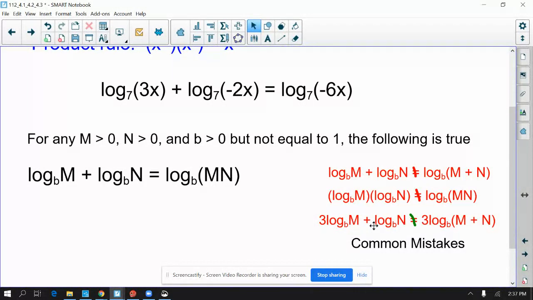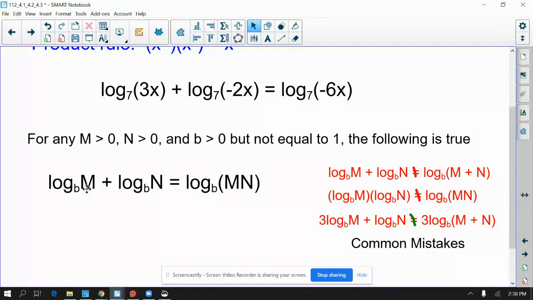And then the problem with the third one here is that this 3 out here is only influencing this first log, not the second logarithm. So you can't really combine them just yet because you've got 3 of these and only 1 of these. So it does not combine to this, nor does it make m plus n in any case. So these are all common things we want to avoid. If you're adding two logs that have the same base, you can write it as one log with that base. You just multiply the two arguments that are inside.